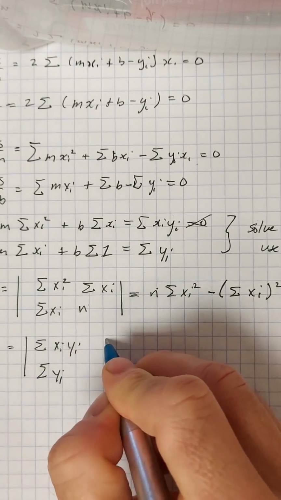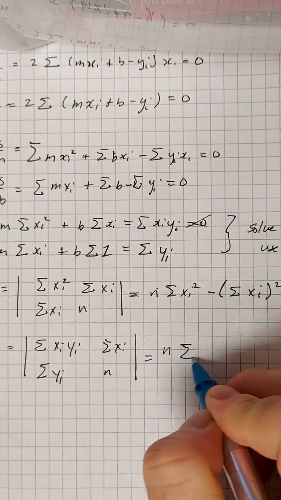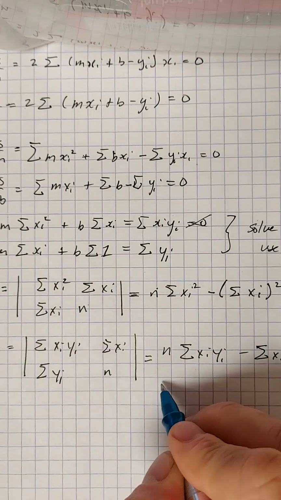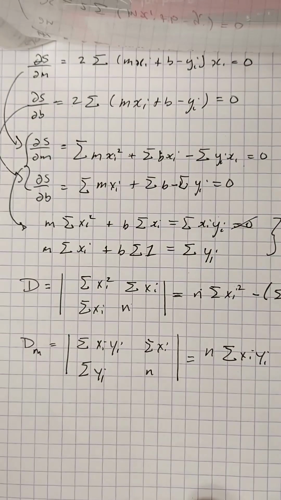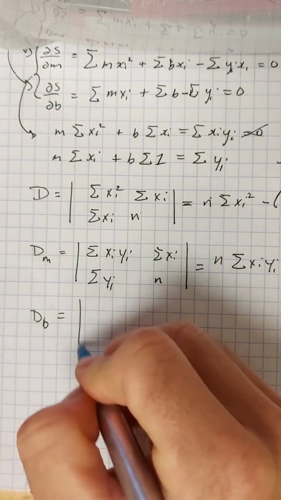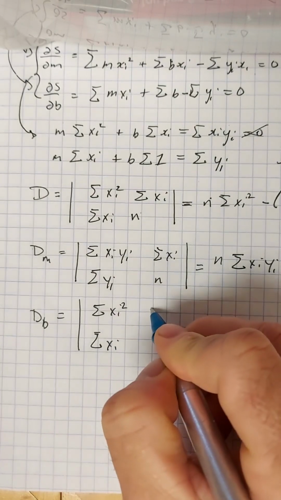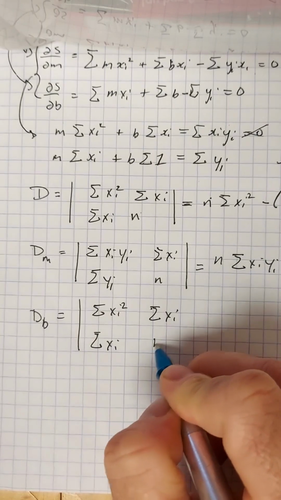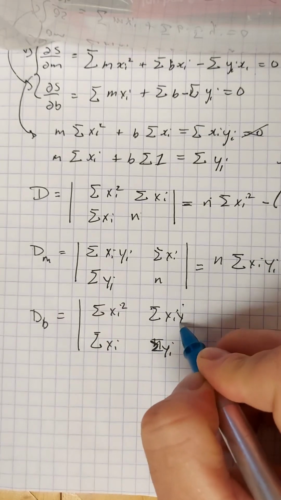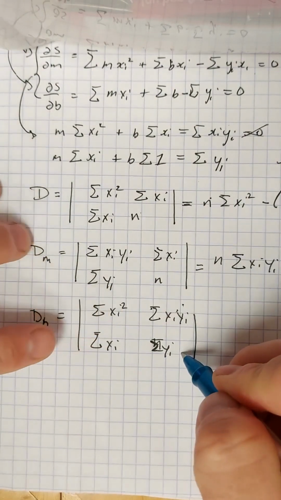Okay, all right. So then using Cramer's rule for the m term, we have the sum of x_i y_i, the sum of y_i, the sum of x_i, and n. And so this gives me n times the sum of x_i y_i minus the sum of x_i times the sum of y_i. Okay, and then for b, so this is the result of Cramer's for m, and now for b, we have the sum of x_i squared, the sum of x_i, the sum of x_i y_i, and the sum of y_i.